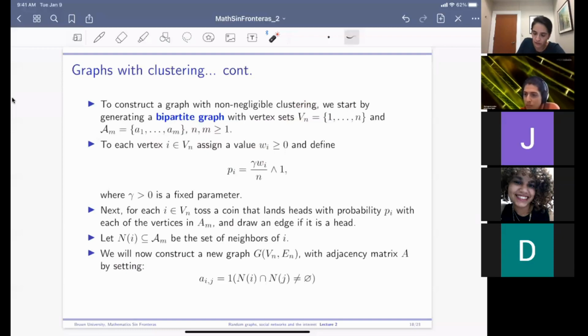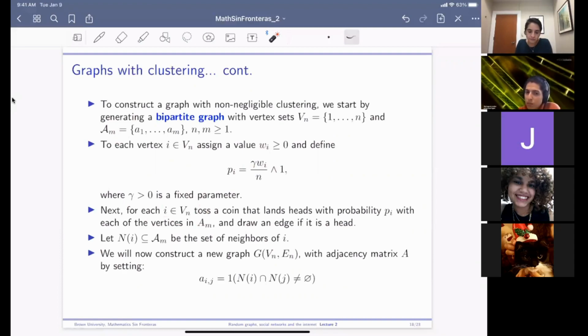So for each of these, I create edges towards the set Am using these probabilities pi. So now I have some actors that participate in many movies and some actors that participate in few movies because they're determined by this parameter W. As you can see from what we already saw, the expected number of movies that actor i participates in is going to be gamma Wi.